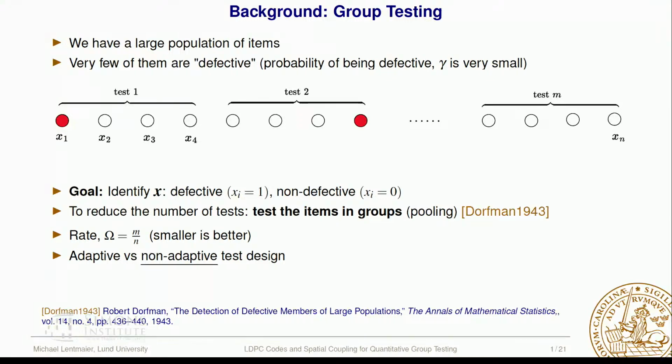So we define the tests, how they are distributed in advance. We don't do this on the fly. And we consider this asymptotic case when the number of items goes to infinity. So we use density evolution analysis to characterize it. It's a probabilistic recovery and not the deterministic one that we are interested in.